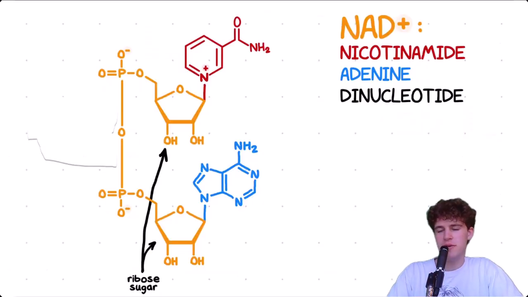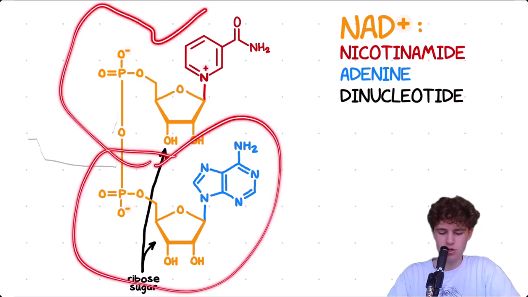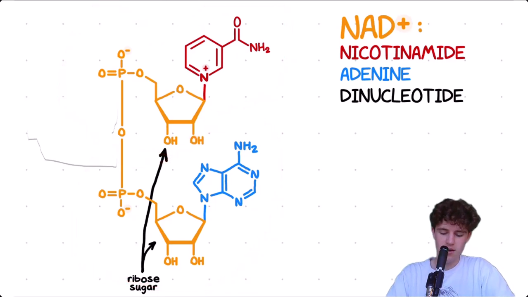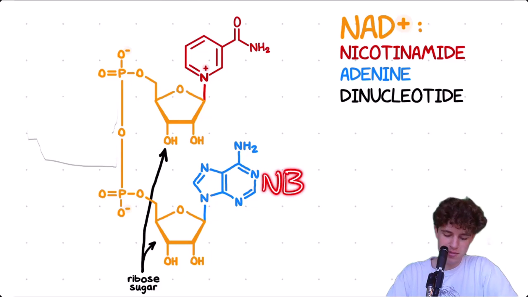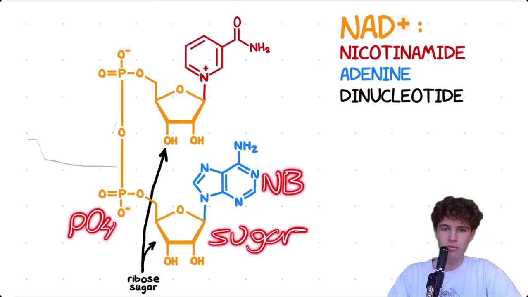So now that we've talked about the function of NAD, let's take a look at its structure. NAD+ right here stands for nicotinamide adenine dinucleotide. So why is it a dinucleotide? Well, that's because we have 2 complete nucleotides in its structure. To be a nucleotide, one must have a nitrogenous base, a sugar component, and a phosphate group, and we have 2 of each.